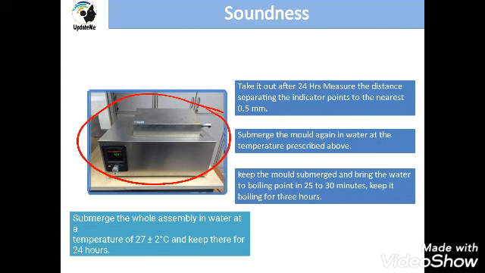Keep the mold submerged and bring the water to boiling point in 25 to 30 minutes. Keep it boiling for 3 hours. It means we have to bring the water to boiling point in 25 to 30 minutes, and at boiling point we should keep the mold for 3 hours.